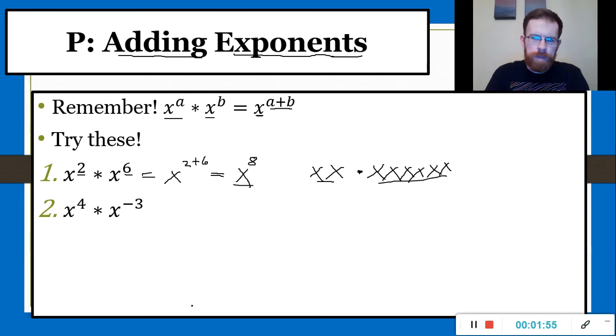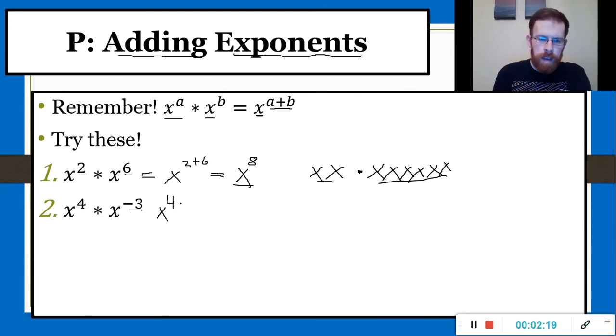Alright, so let's look at this one. I have x to the 4th times x to the negative 3. Now, Mr. K, that has a negative 3 as an exponent. Surely when you add those, it's going to be something different. You won't be adding. That's right. Well, right and sort of wrong. If you multiply these two things, well, what happens when you add a negative?